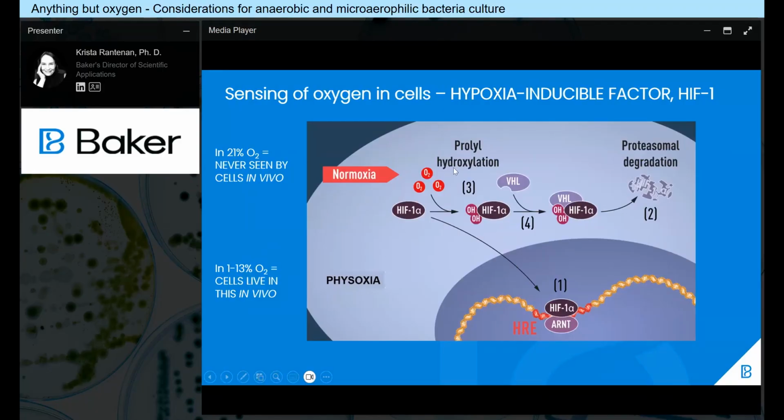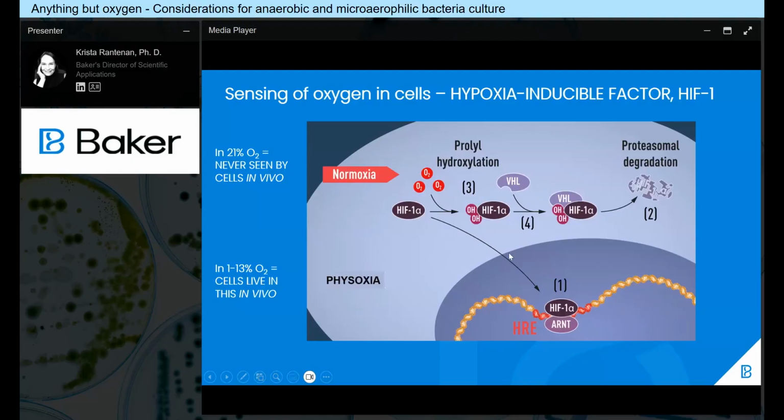And like I said, the prolyl hydroxylase enzymes, them being deoxygenases, can't function if they don't have oxygen. So they can't earmark HIF here. And so HIF doesn't get degraded.